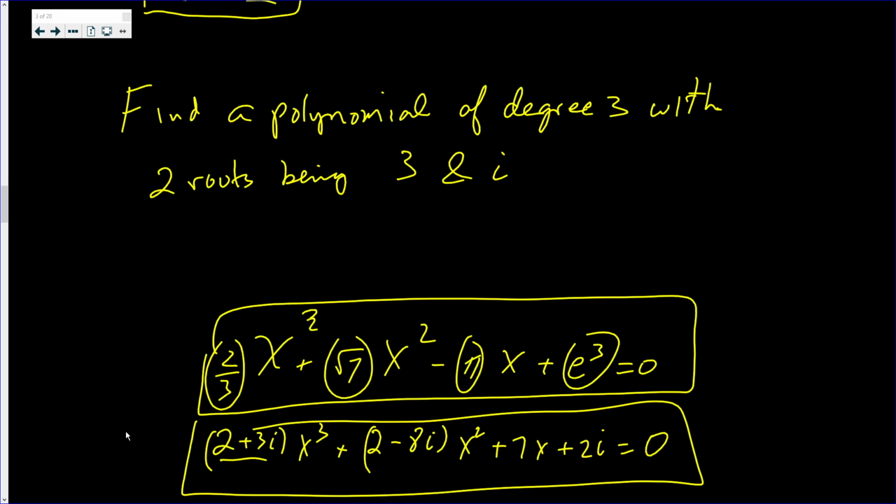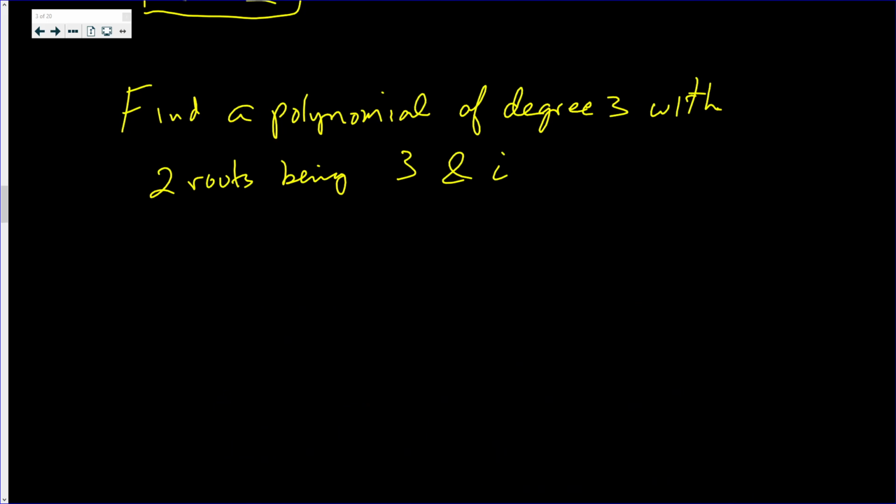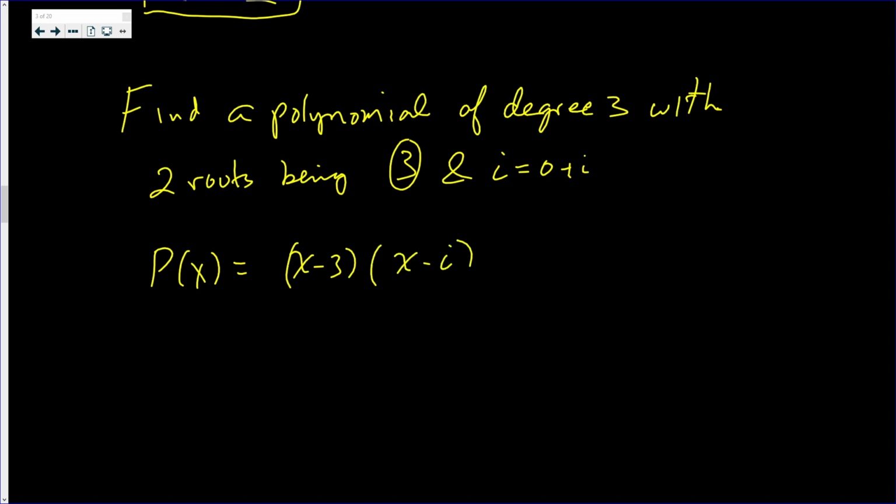So above, when I say find the polynomial, I mean with real coefficients. Okay. So I know that 3 is a 0. So p of x has to have x minus 3. And remember, this is 0 plus i. So 0 plus i must be a factor. That is x minus i.